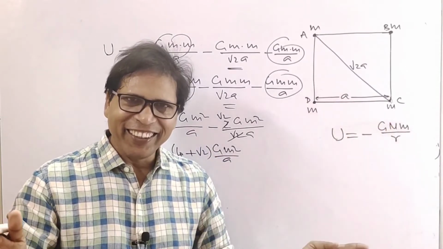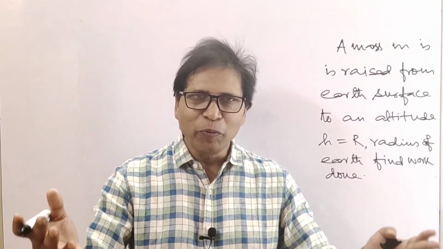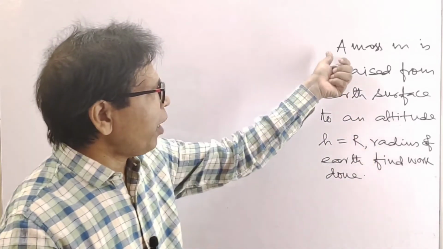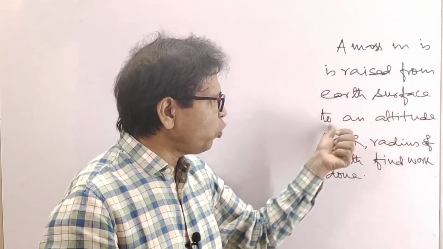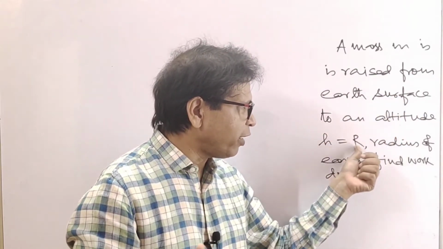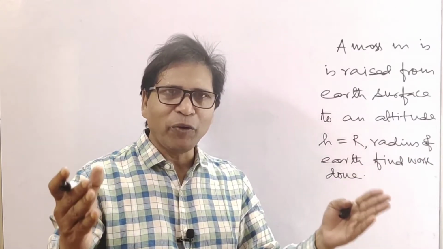Okay, understood? Next. Now another numerical relating to potential. A mass small m is raised from the earth's surface to an altitude h equal to r, the radius of the earth. We have to calculate the work done.